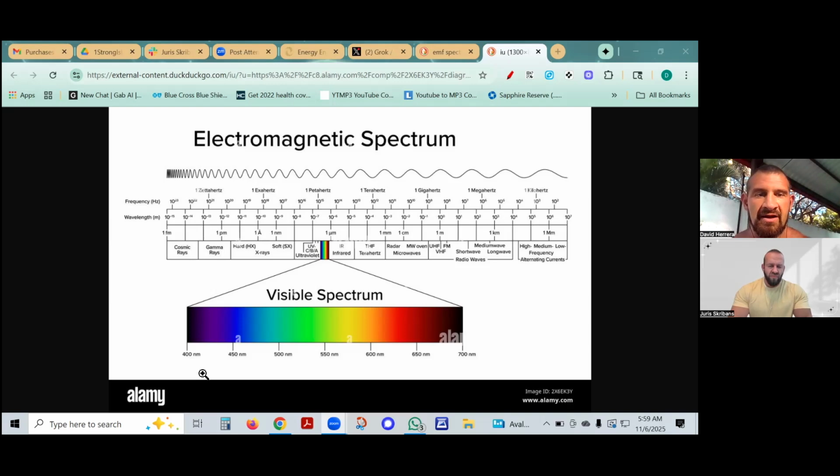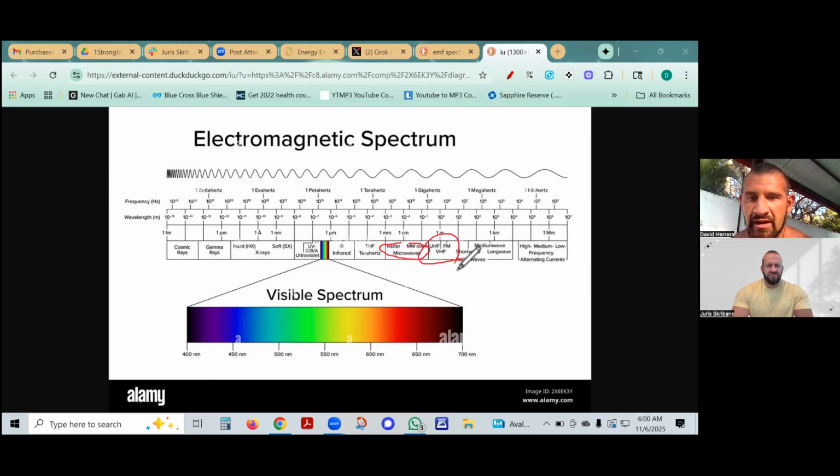If you look at the very top, it's a very high energy frequency. That means the squiggles at the top are moving very quickly, and as you move to the right, the wavelengths get wider and bigger. Right here we have radar, microwaves, and also UHF and VHF.